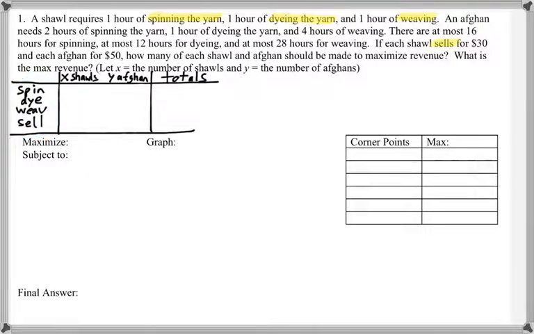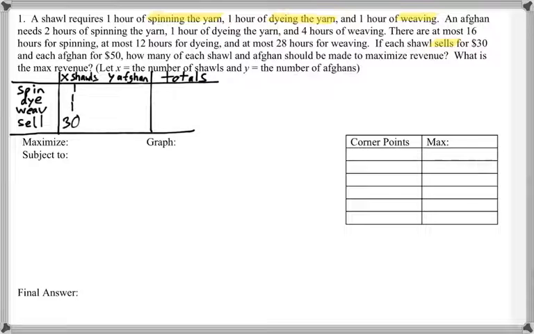So a shawl requires 1 hour of spinning, 1 hour of dyeing, 1 hour of weaving, and it sells for $30. So that's going to be my column: 1, 1, 1, and 30.